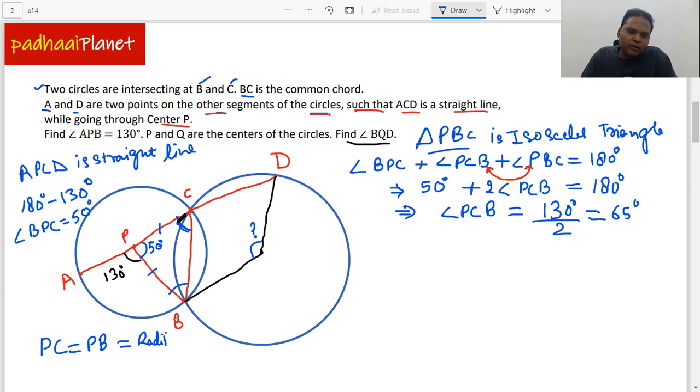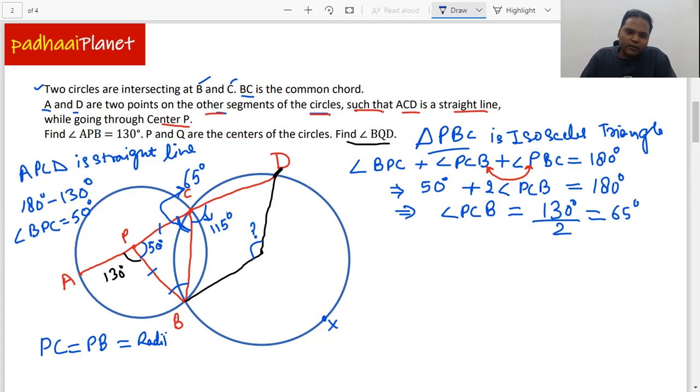So this angle is 65 degree. Now, since APCD is again a straight line, we can mention that this angle is 115 degree.